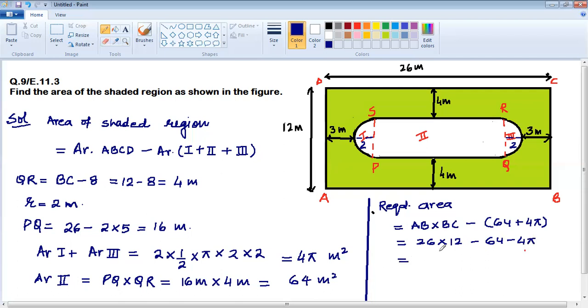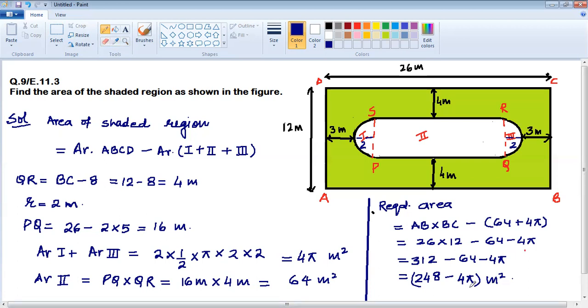All this is equal to 12 6 are 72, 24 and 7 is 312 minus 64 minus 4 pi. Again subtracting, 312 minus 64 is 248. So 248 minus 4 pi meter square. This is the required area.